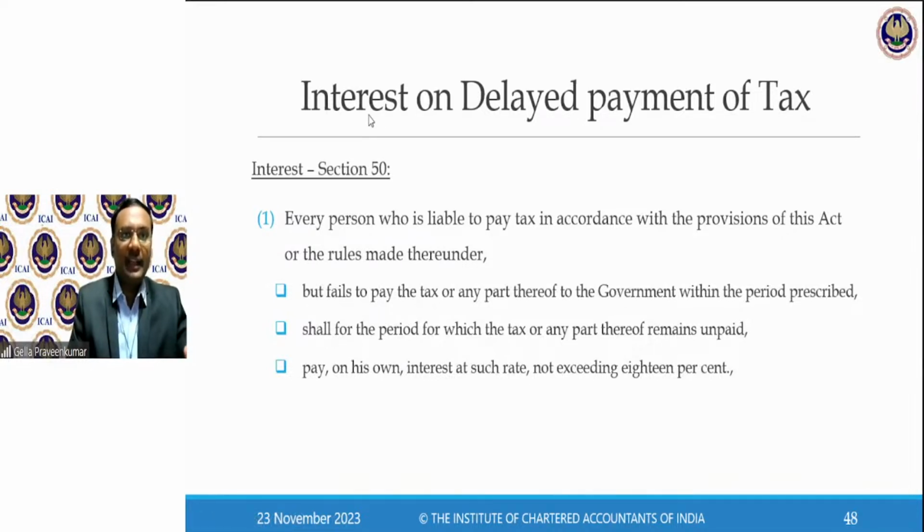There is importance for this provision 50(3), for the reason there has been an amendment in 50(3) where they have mentioned how we calculate interest where input tax credit has been utilized. So for that purpose, we will understand 50(3) and also the rule connected with this, right?